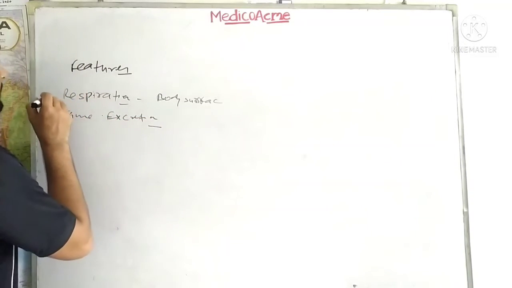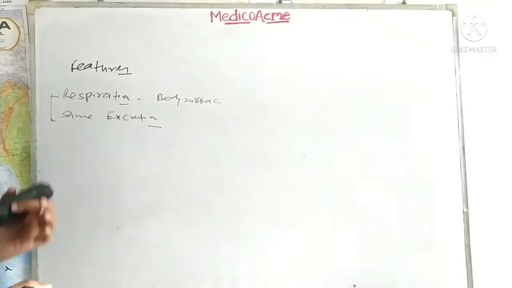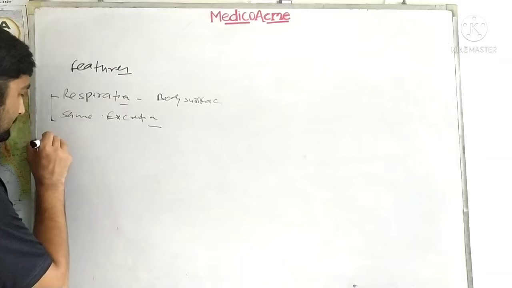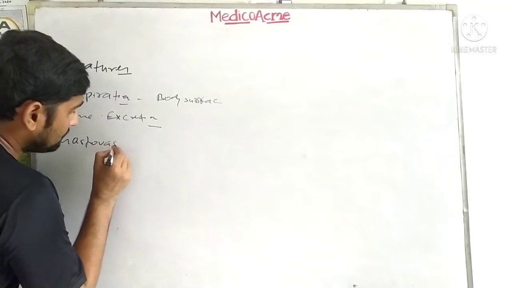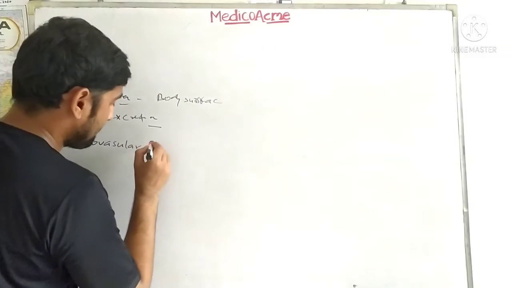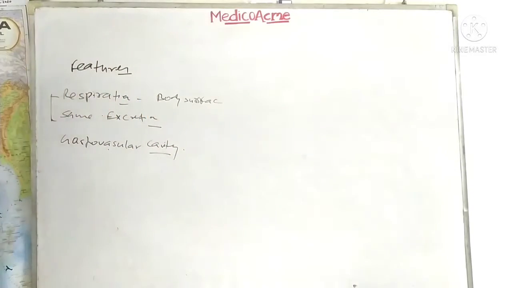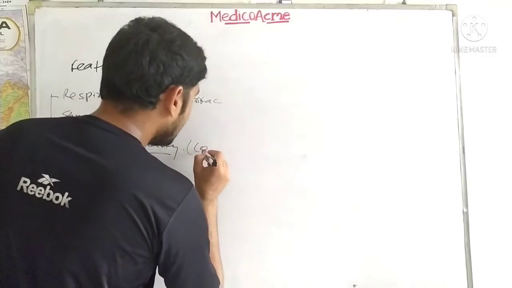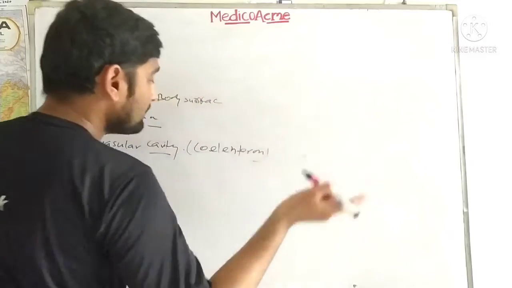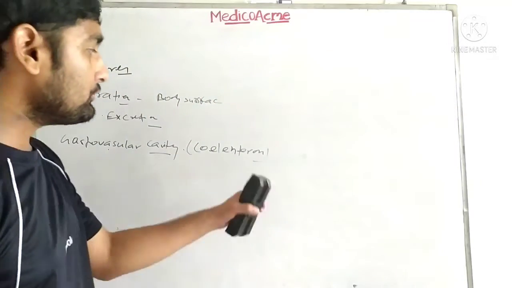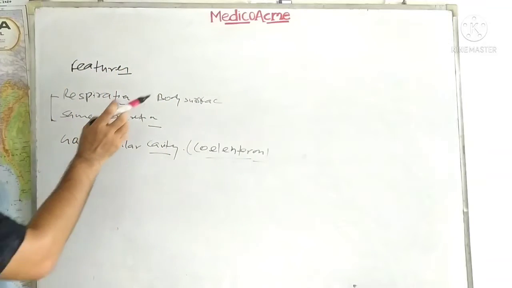But now there is a vascular system, and it is also called the gastrovascular cavity. Same like the spongocoel in sponges, there is the gastrovascular cavity or coelenteron. So there was spongocoel in sponges and coelenteron in coelenterata.